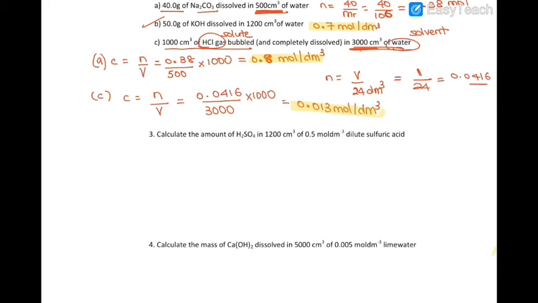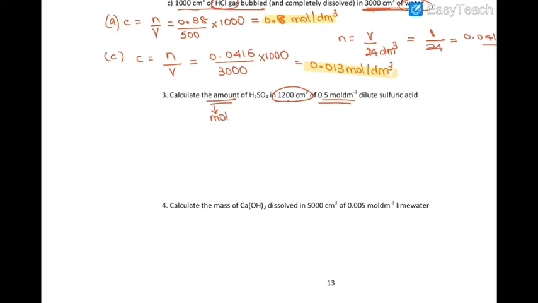Try to do question number 3. You are given the concentration, you are given the volume, you need to find the amount in moles. So concentration is number of moles divided by volume. Therefore, number of moles is concentration times volume.